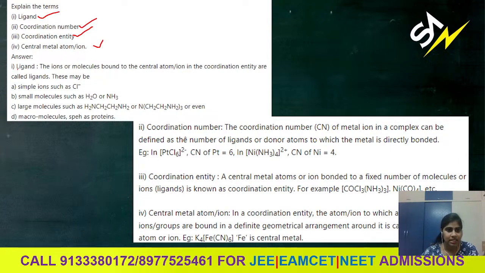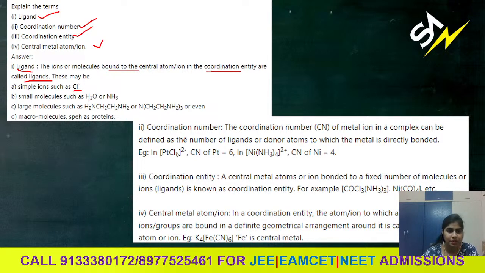So let us see what a ligand is. The ions or molecules bound to the central atom in the coordination entity are called ligands. For example, if we take a complex, the molecules or ions bonded to the central atom are called ligands.